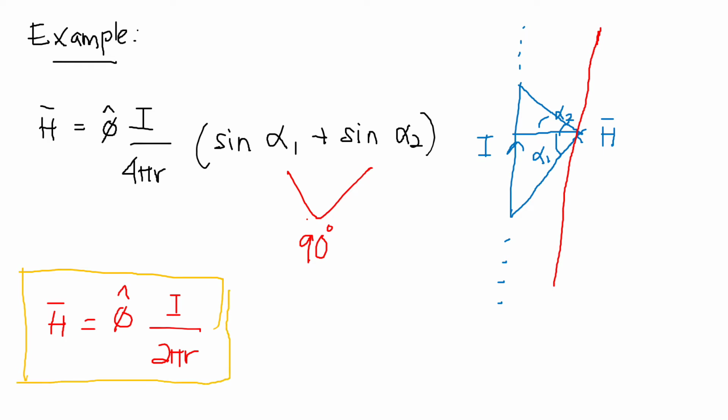So next, what we want to do is we want to find H for infinite line using ACL. After that, we are going to compare with this equation. Does it give the same equation or not? Okay, let's say we have I here.